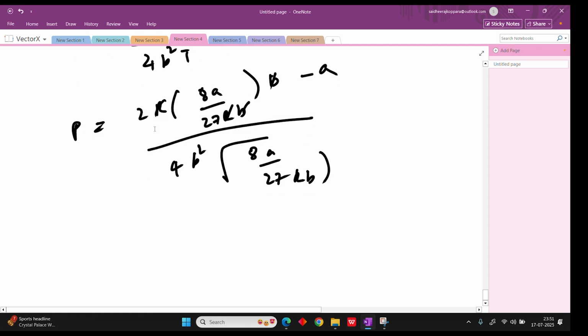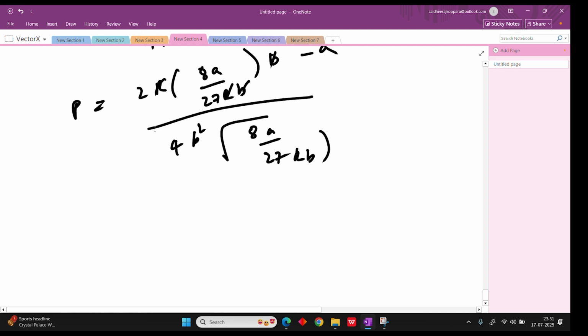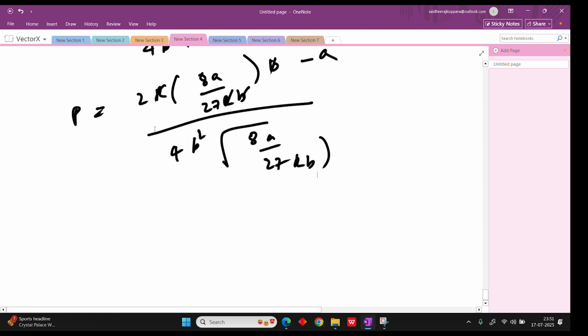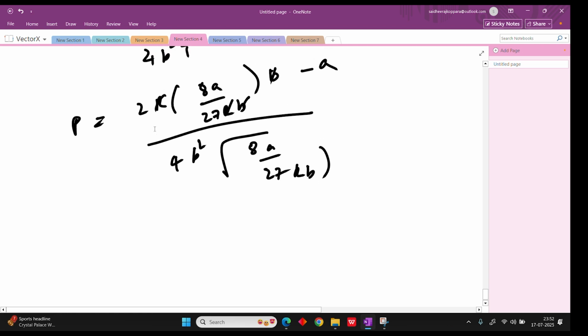While solving this, what you get? 16A by 27B, 27.